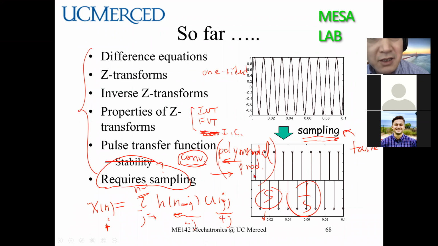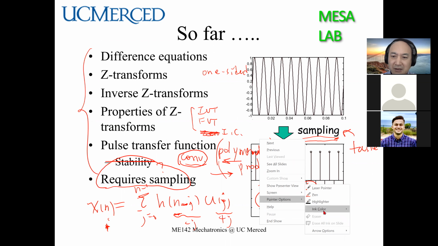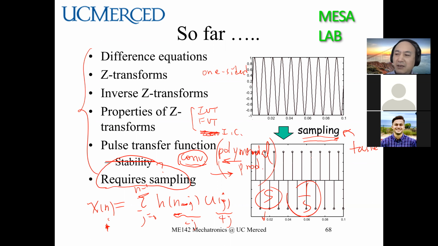So far, we have done difference equations, Z transforms, inverse Z transforms, properties of Z transforms, IVT, FVT, and initial conditions, and so on. We talked about the transfer function and the polynomial product.